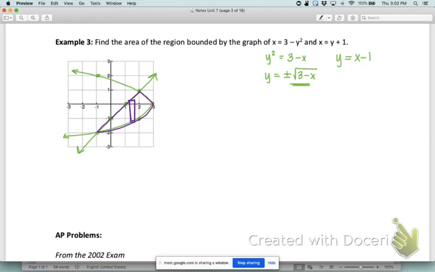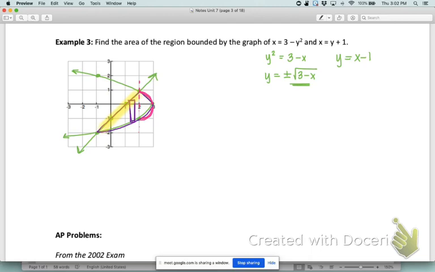The top curve is easy to see is the line, and the bottom curve is the parabola. However, at this point here where they switch, that's no longer the case. The line is not actually part of this at all. And in fact, now it's the positive square root that is the top and the negative square root that is the bottom. So you would need two different integrals to be able to find this total area.